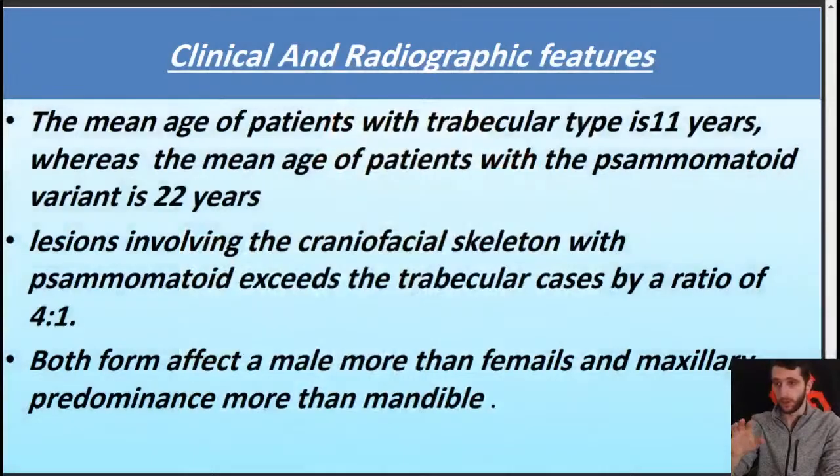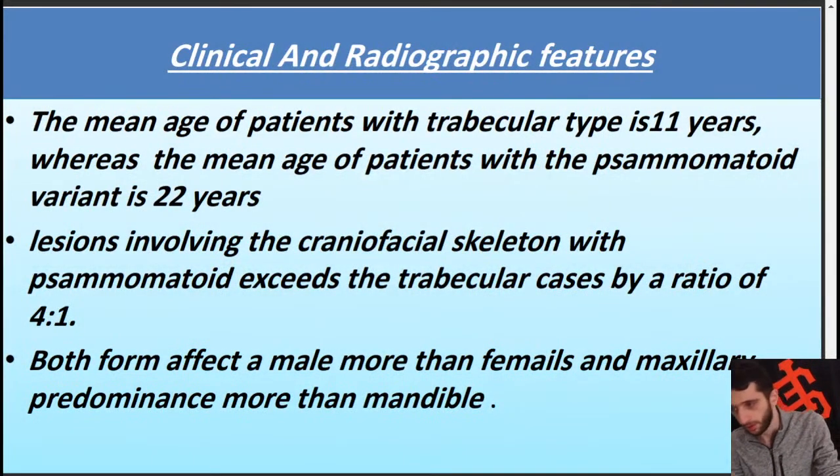Trabecular, psammomatoid, that age of patient that's affected with cementosis dysplasia. Of course, we know that. I'm sorry, this is my mistake.